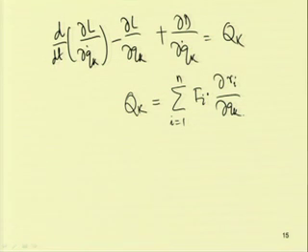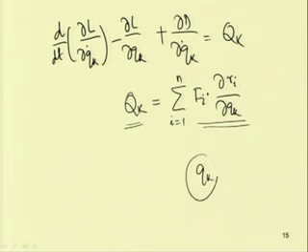Let n number of forces be acting on the system, with position vector r i. One can do this dot product to find the generalized force Q k, where small q k is the generalized displacement, the generalized coordinate.